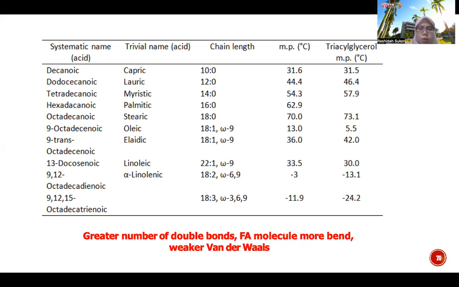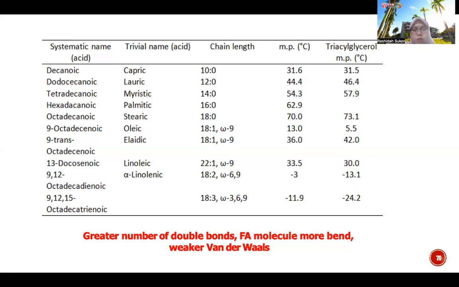It tends to be more bent because when we learn about the chemistry of molecular structure, there are a lot of bonds involved. We have hydrogen bond, we have van der Waals bond, and what else? In protein, we have peptide bonds, and in carbohydrate, we have glycosidic bonds.